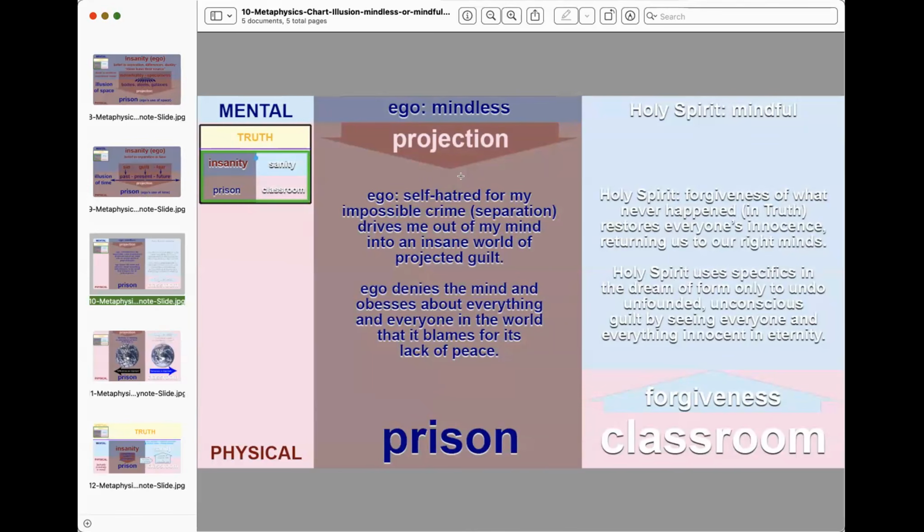Fortunately, on the other side here, in the forgiveness classroom, Holy Spirit says, yeah, use every specific thing that seems to be an issue in the world and use that as part of your classroom, moment to moment to moment. Each specific thing becomes the perfect forgiveness lesson.